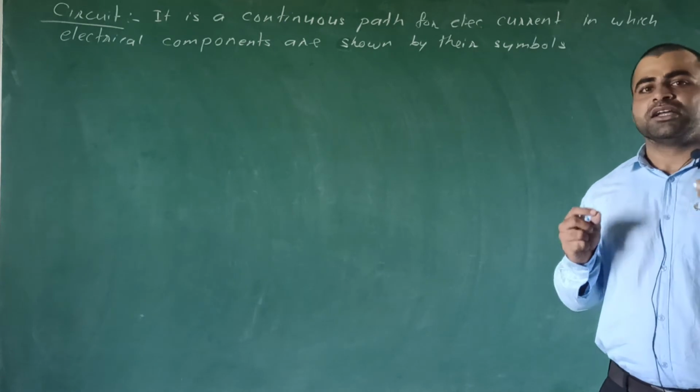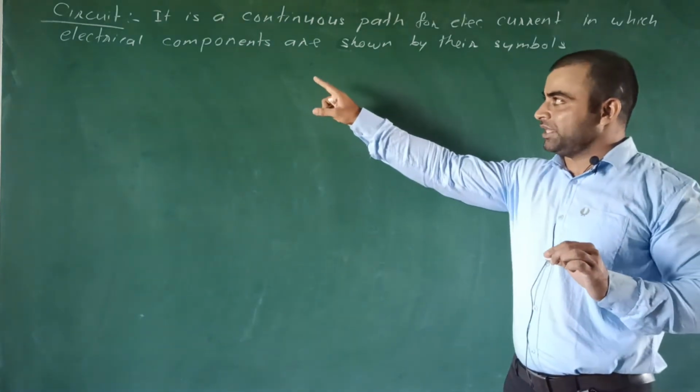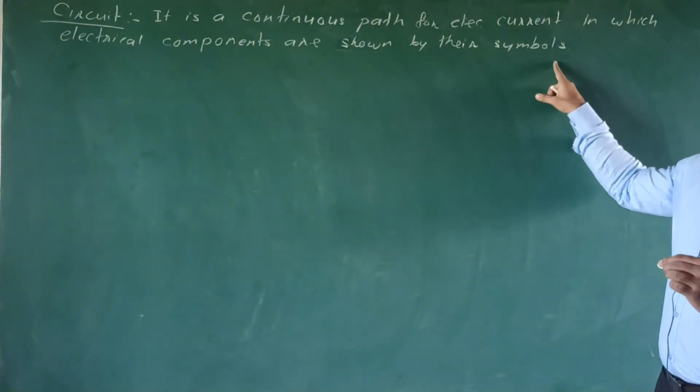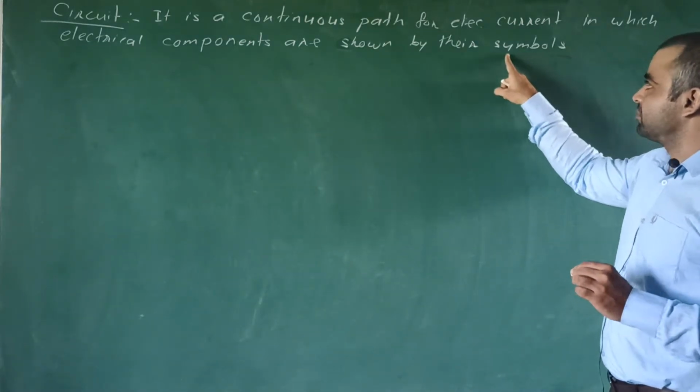It is a continuous path for electric current in which electrical components, or say electrical gadgets, are shown by their symbols. In the last lecture we learned about the symbols.